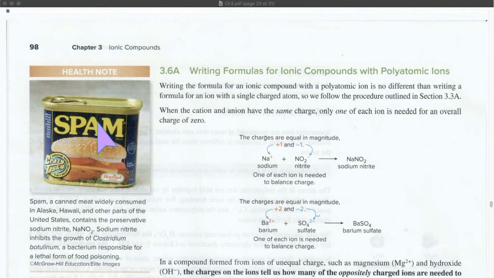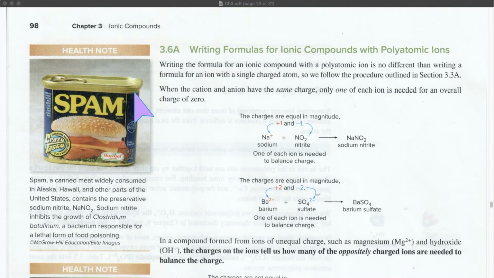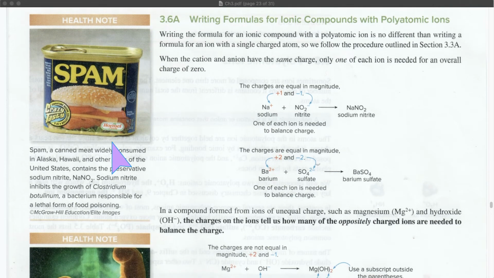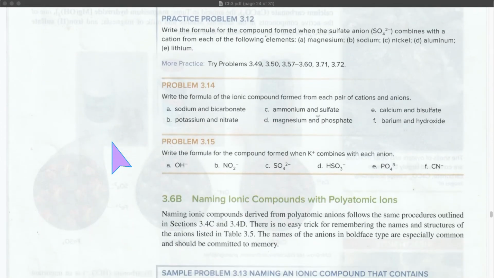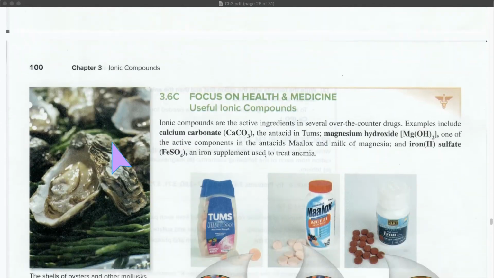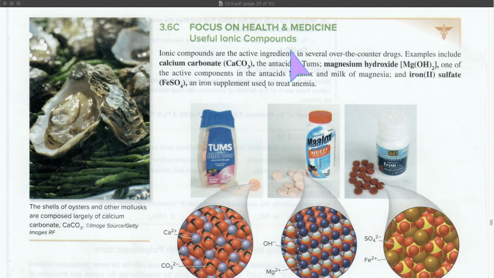Okay, looked at that picture for a while, and then, okay, nothing. Here we go. Ionic compounds are the active ingredients of several over-the-counter drugs, like calcium carbonate, which is the antacid in Tums.